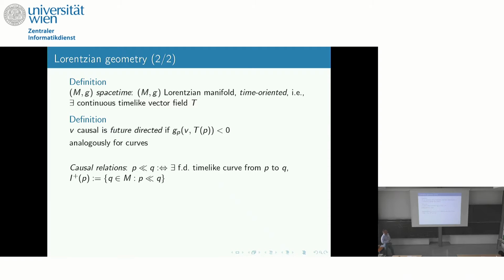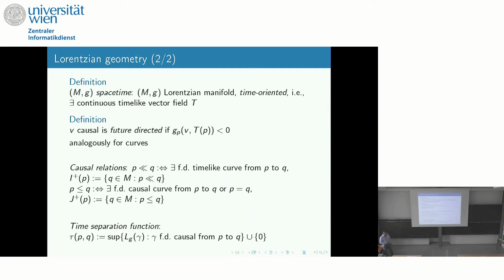Then using that, one can define some causal relations. One says that the point Q is chronologically in the future of P if there exists a future-directed time-like curve from P to Q, and one defines the chronological future of P as I plus of P, the points in M which are in the future of P. And one defines the causal future of a point P by saying that there is a future-directed causal curve from P to Q, or P is equal to Q, and the causal future of P is denoted as J plus of P.